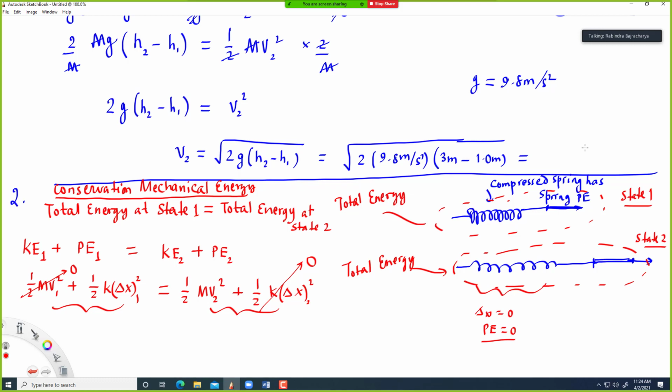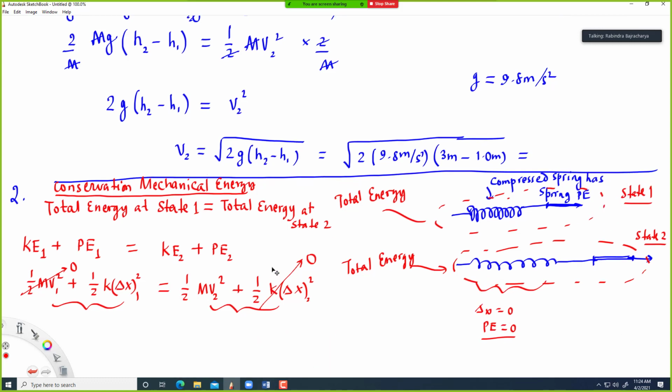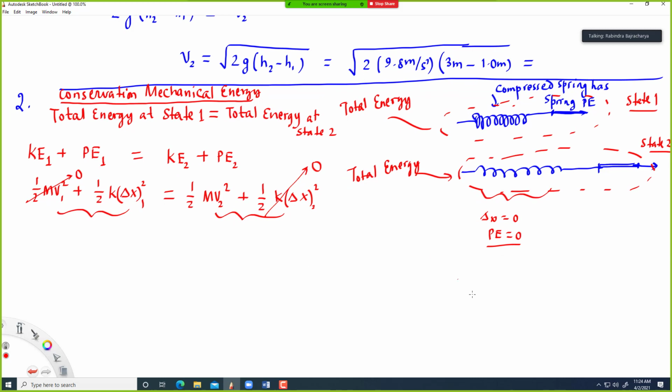So let me write it down so that you don't confuse that. So let's say you have a spring. This is the original shape of the spring, not compressed, not stretched. In this case, spring potential energy, let me write it as U spring, is 0. When you stretch it, now you will have potential energy, 1/2 k delta x squared.